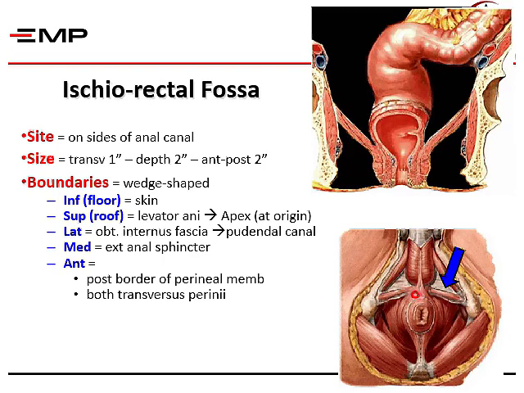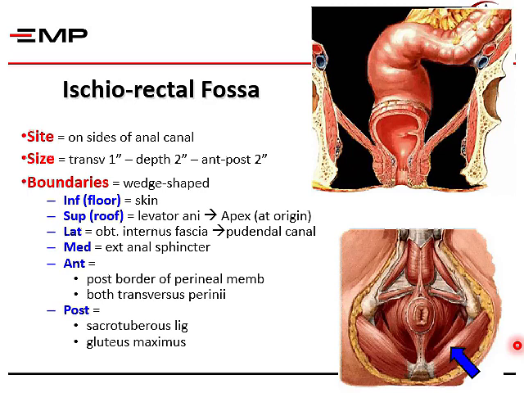So it is bounded by the posterior border of perineal membrane with muscle superficial and muscle deep to it. They are the superficial and deep transversus perineal muscles of both sides. Posteriorly, it is bound by the sacrotuberous ligament overlapped by the gluteus maximus.